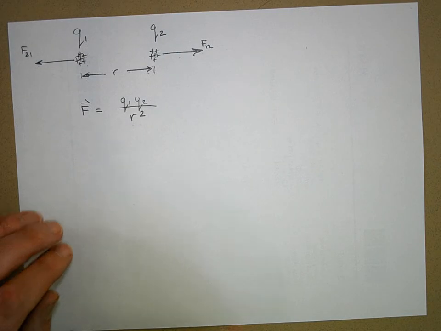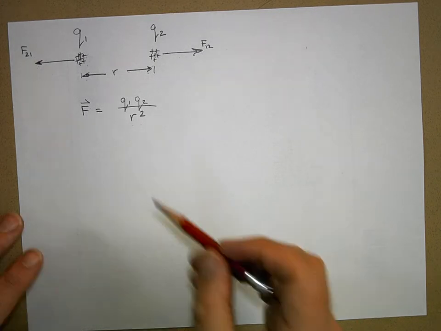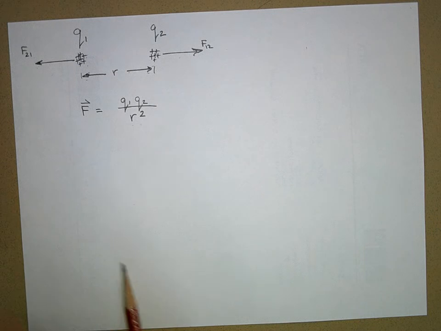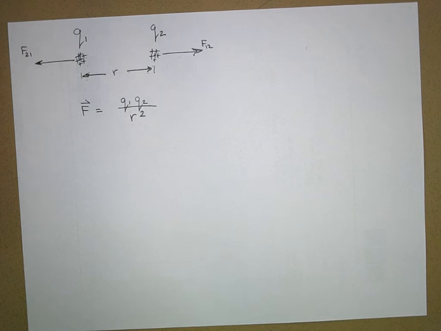Now gravity does the same thing. Remember Newton's law of gravity, decreased by the square of the distance. Decreasing by the square of the distance is a property of three-dimensional space. Anything that spreads out in three-dimensional space gets weaker and weaker by the square of the distance, because you're spreading out over three dimensions.